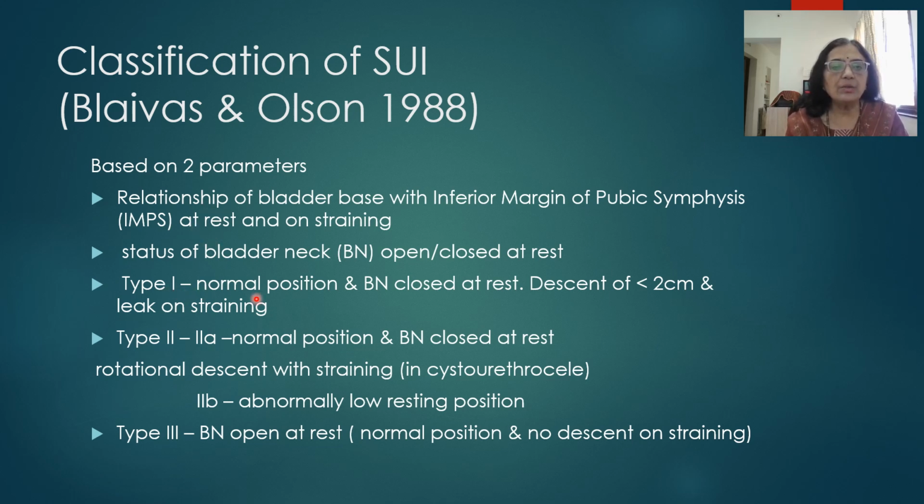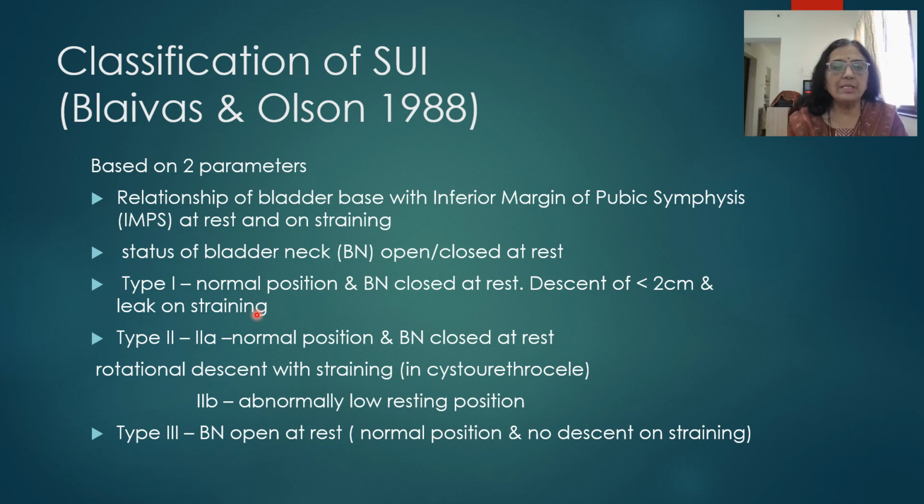So type 1 is there is a normal position. So position of bladder with respect to IMPS is normal in type 1, and bladder neck is closed at rest. What is abnormal here is on straining, the bladder base position is normal at rest, but after straining there is a descent of bladder base, but the descent is less than 2 centimeters, and with this descent there is a leak on straining.